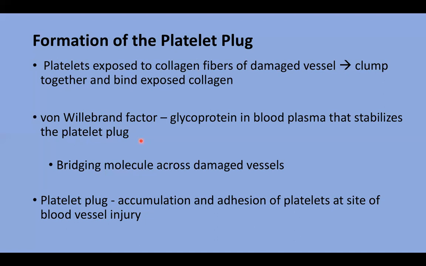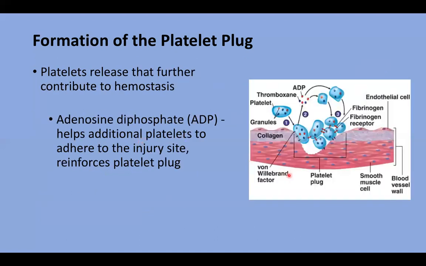Now together, the accumulation and adhesion of the platelets at the site of the blood vessel injury is referred to as a platelet plug, and I've mentioned that a couple of times already. So let's look at this here. All right, so here we have the interior of our blood vessel. We have our smooth muscle here on the outside, then there's underlying collagen fibers, and then on the interior of the vessel, there's these endothelial cells, very nice and smooth.